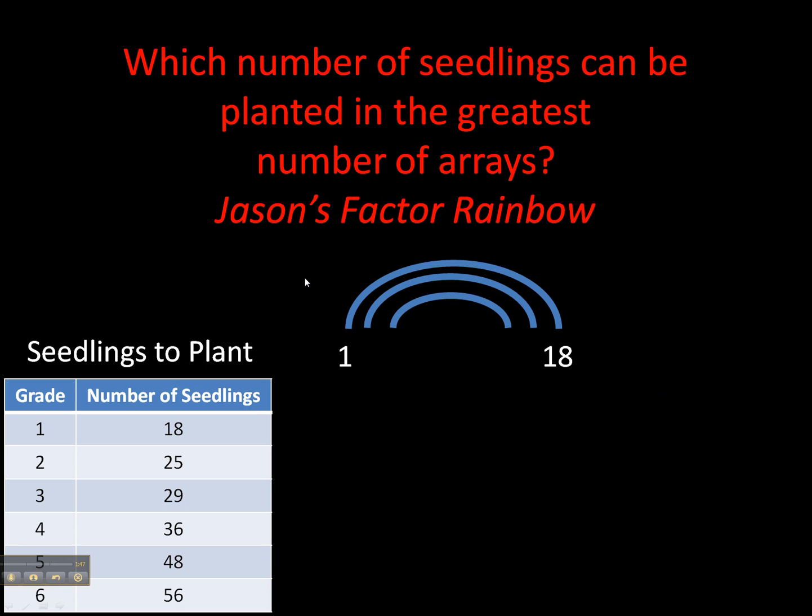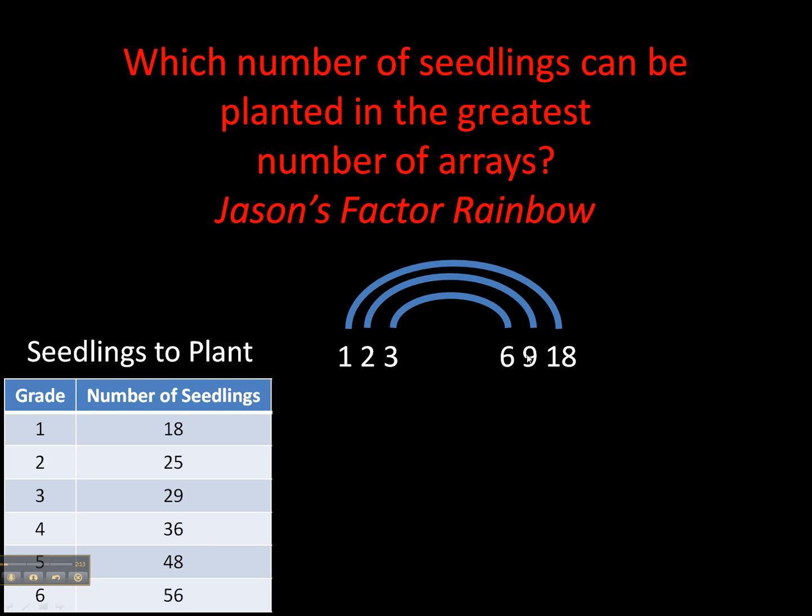Well, Jason takes a different approach. He does what's called a factor rainbow. A factor rainbow is the same thing as we just did. The only thing is you're going to use the rainbow as a graphical representation. So he knows that you can use 1, and that's 1 row of 18. You can do 2, which is 2 rows of 9, and also 3, which is 3 rows of 6.